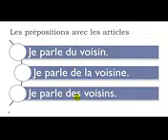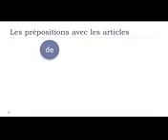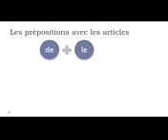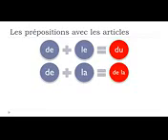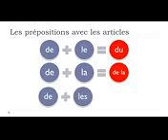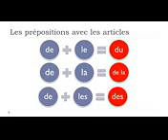Plural, whether it's masculine or feminine, will be the same, des. So, let's write it like that. De plus le will become du. De plus la will stay the same. Nothing happens. De la. And then de plus les will become des.